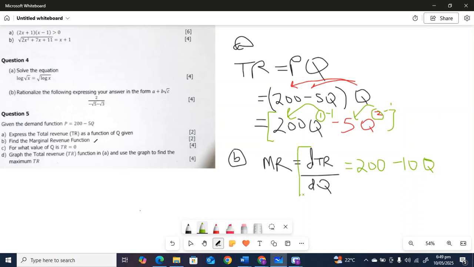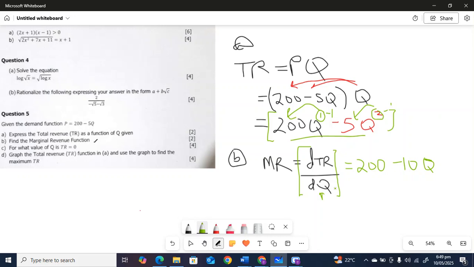On this part here, this dTR over dQ, what we're saying is that when we derive this total revenue function, the variable we're going to be focusing on is Q. If you remember in partial differentiation, on the denominator, whatever letter is there is what you're going to be differentiating on in the equation.